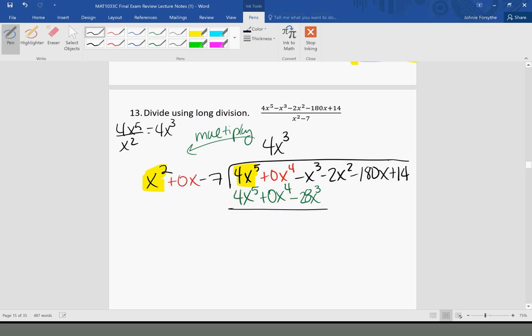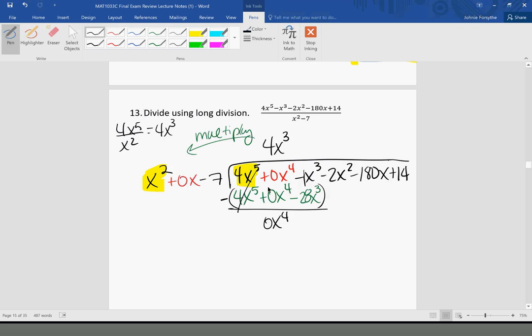Now we're going to subtract. When you subtract, you change all the signs basically. So 4x to the 5th minus 4x to the 5th cancels out. 0x to the 4th minus 0x to the 4th is 0x to the 4th. Negative 1 minus negative 29 is the same thing as... Did I say 29?